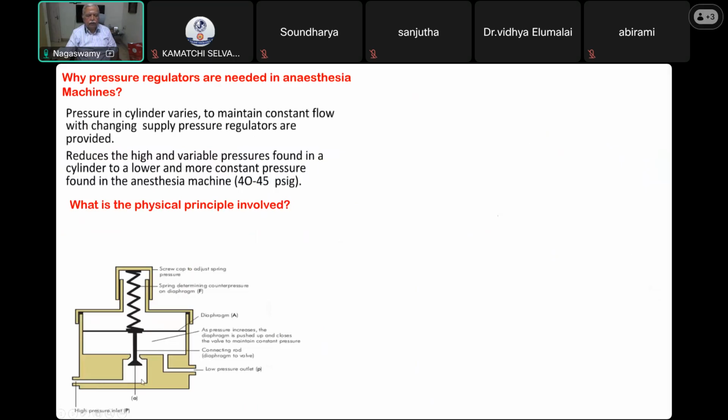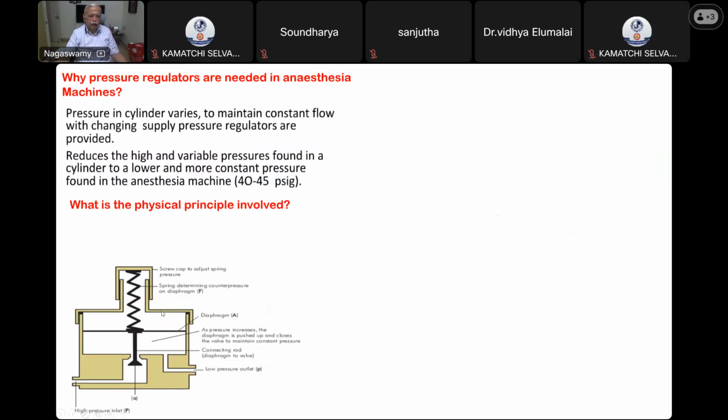High pressure delivered into a small area gets released into a larger area to allow the pressure to drop. To keep the pressure at the desired level, this screw is used, and a spring which moves the diaphragm to adjust the size of the larger area.